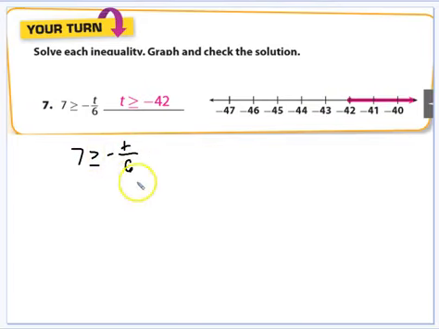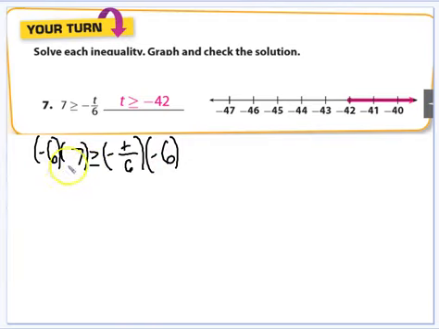So I've got -t/6, so I'm going to multiply by -6, both sides. We'll put parentheses around them both. So -6 times 7. Well, first off, let's flip that around. That's -42. And then those make 1, so it's t/1, which is just t.